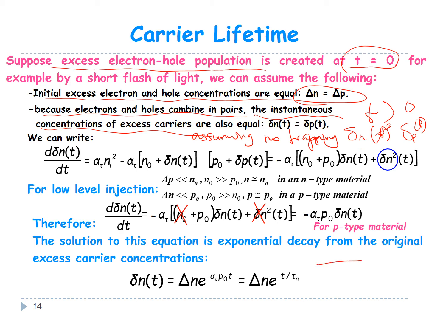Remember, when you have trapping, you trap an electron, it stays there, and then it's re-excited. So during the time that the electron is trapped, it means you now have fewer electrons than holes. So delta N and delta P are not going to be the same when there is trapping involved. So if you have no trapping, yes, you can say that these two are going to be equal.